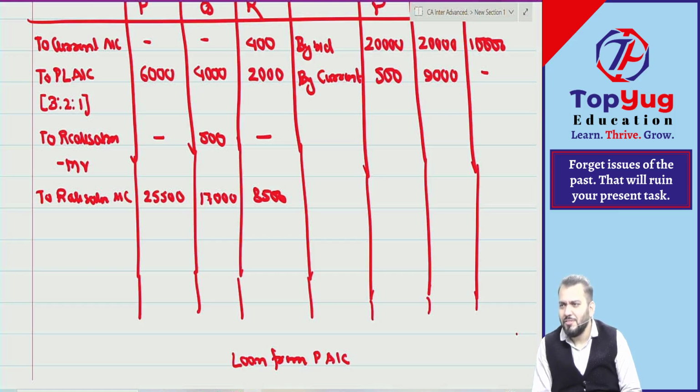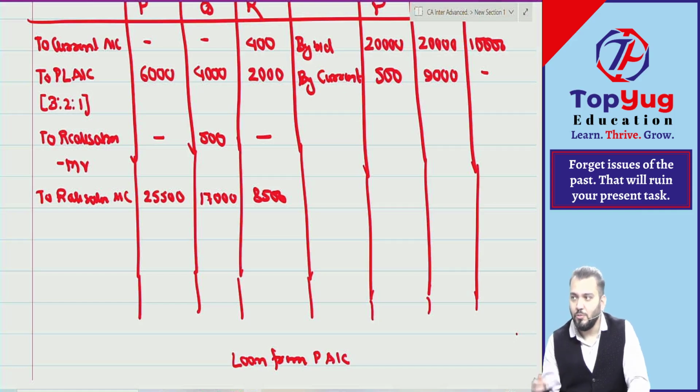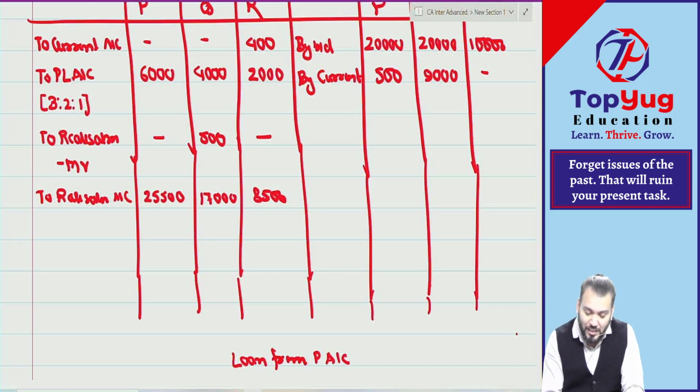Equal to insolvency loss. But you have read only half. You read only the first part. What is rule number one? Which partner? Very good. Excellent.